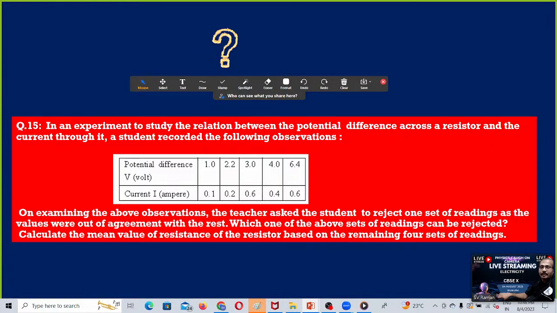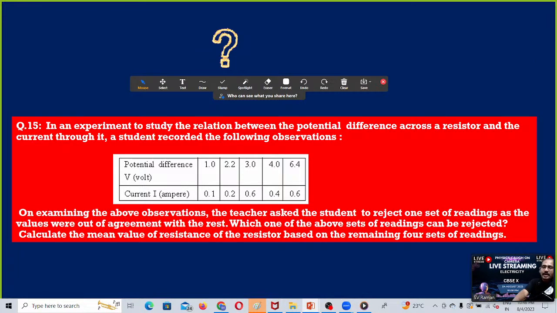On examining the above observations, the teacher asked the student to reject one set of readings as the values were out of agreement with the rest. Which one of the above sets of readings can be rejected? Calculate the mean value of resistance of the resistor based on the remaining 4 sets of readings.